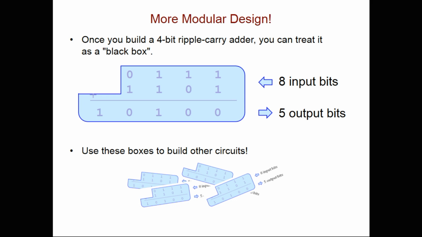And also after we build a 4-bit ripple carry adder using the full adders, we can consider this 4-bit ripple adder as another black box and use it in our designs.